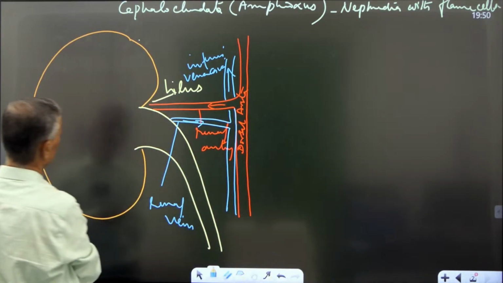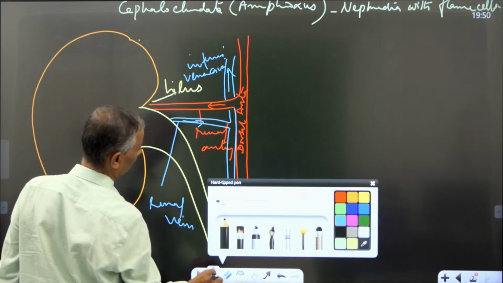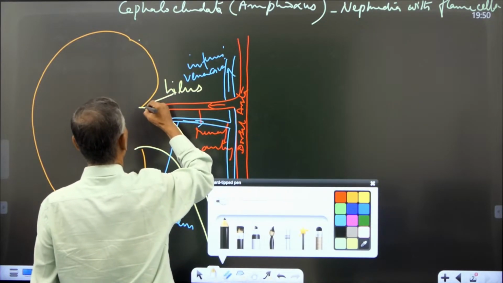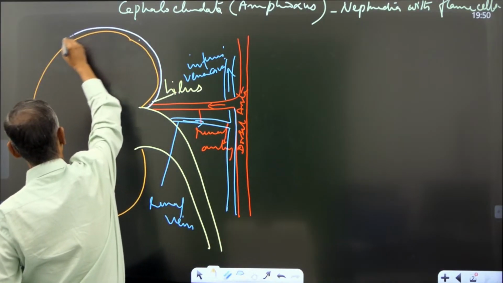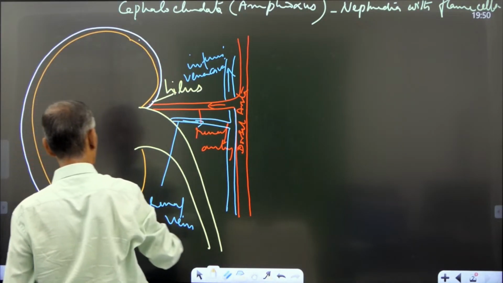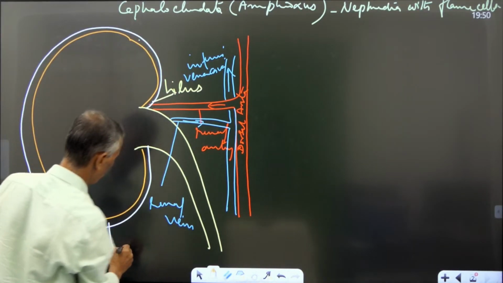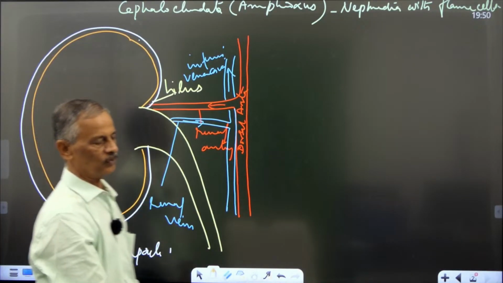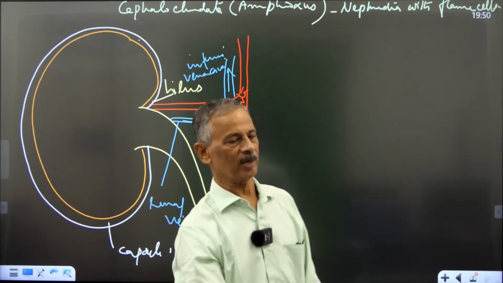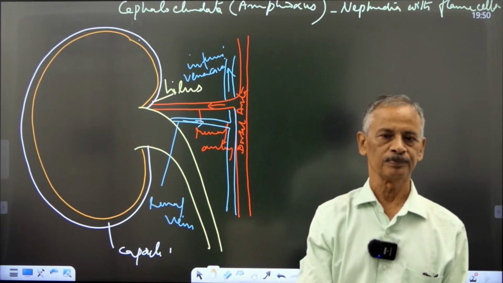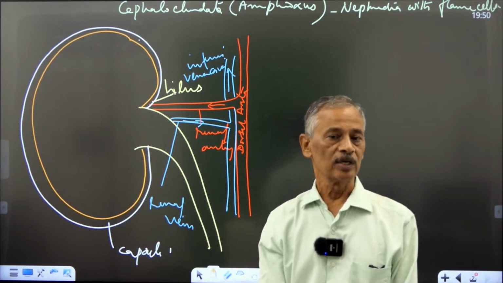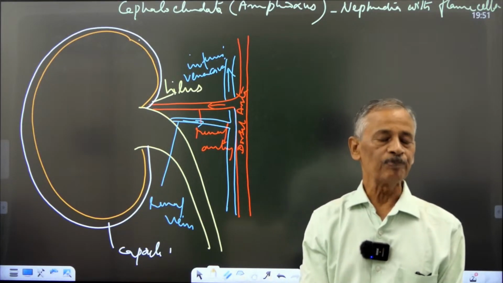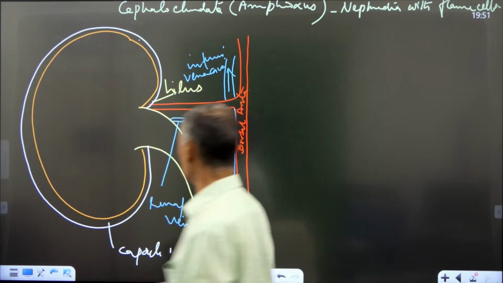Each kidney is having a tough outer capsular covering made up of connective tissues. This is the capsule, renal capsule, tough capsular covering made up of fibrous connective tissue, within which you are having the tissues of the kidney divisible into two regions.